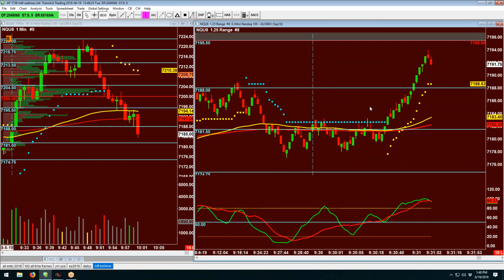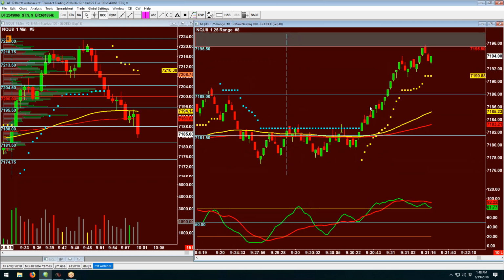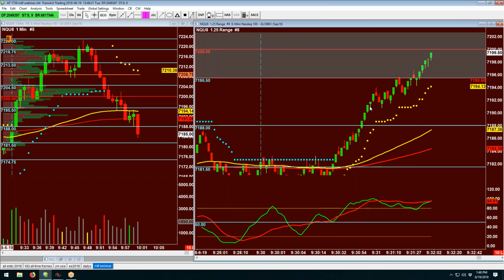Once price starts to move higher, I would be looking for a pullback. You can see it's into my no zone here, so I'm not going to do anything in this round number no zone. But if I can get a pullback maybe to the 88 area, I'd be looking for an entry somewhere around there. If you use moving averages and you have a pullback to a moving average, you certainly can use that as well. But I'm not willing to do anything up there.